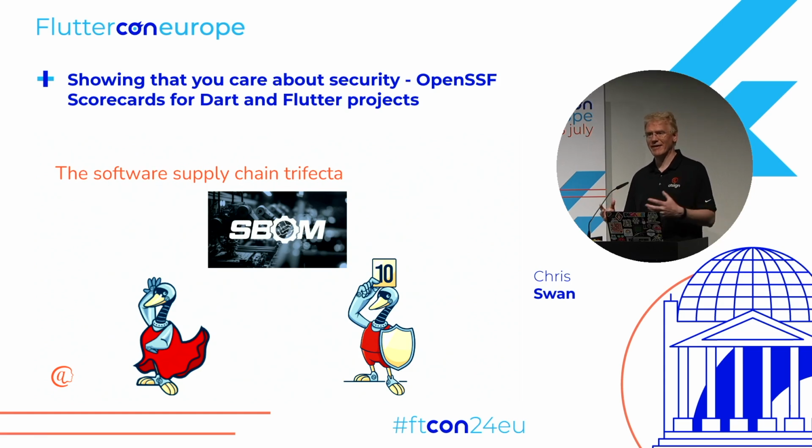So altogether, this gives what I call the software supply chain trifecta. So SBOM, SLSA, and Scorecard all brought together are an even better way of showing that you care about security to your customers. The other thing that happens here is as you're building your SBOMs, you can generate attestation that those SBOMs are authentic for when you built them.